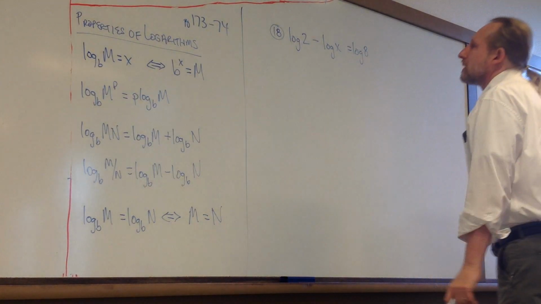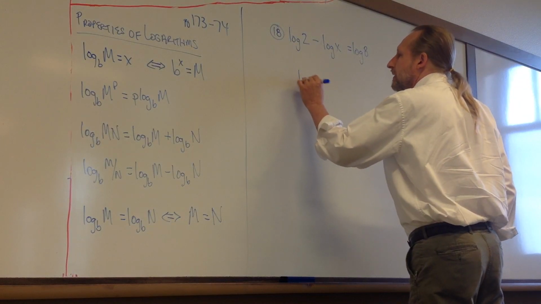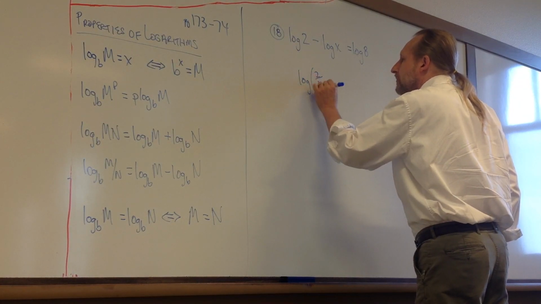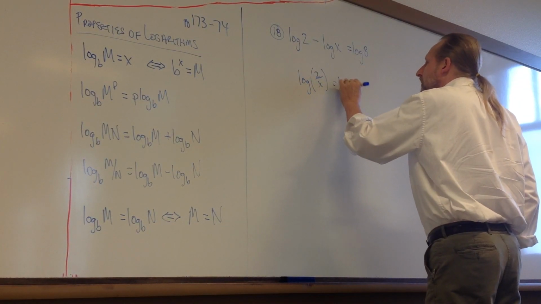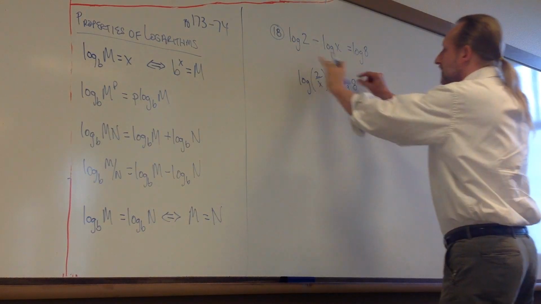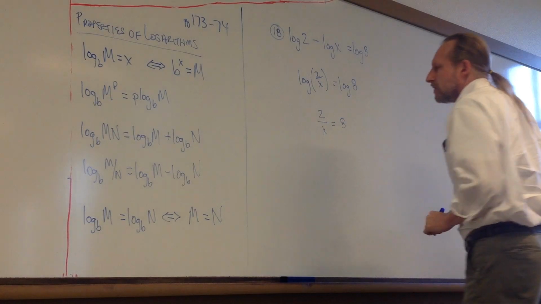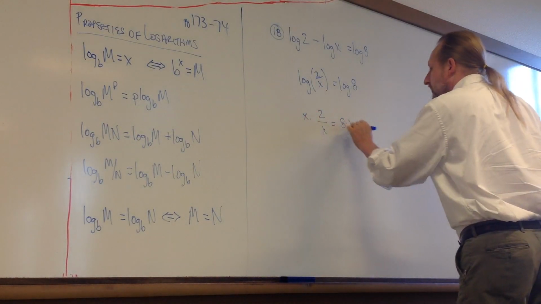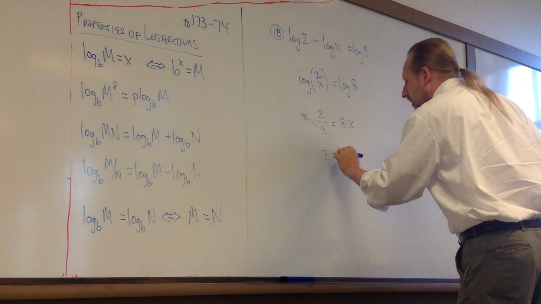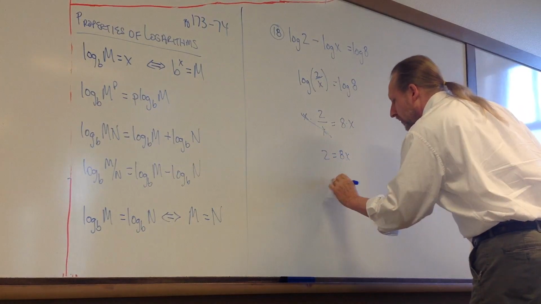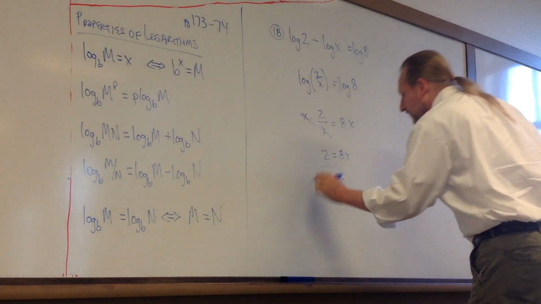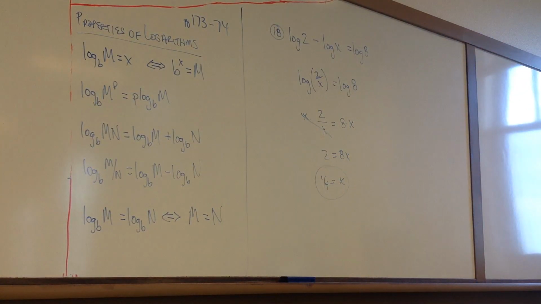So we can rewrite this as log of 2 over x equals the log of 8. And then we'll pick these out and set them equal to each other. So we'll multiply on both sides by x. So 8x is 2, and x is 1/4, or 0.25.